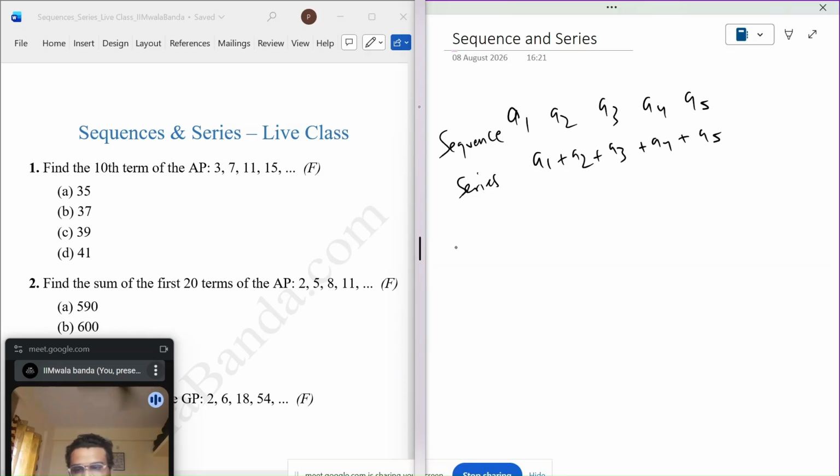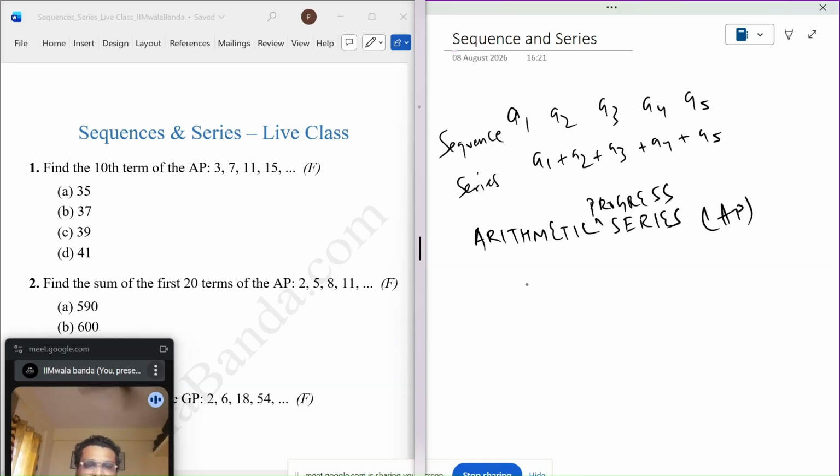Now, let's look at what are the common types of sequence, what are the formulas that we need to know, and what is the logic that we need to know. So first and foremost, very important, arithmetic progression series, which is also called AP, right?